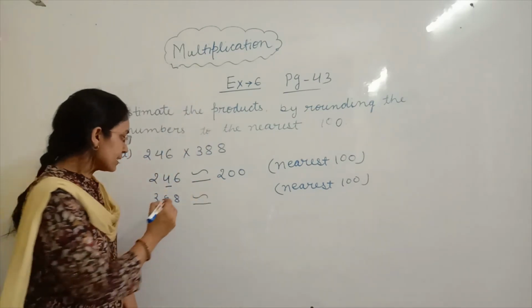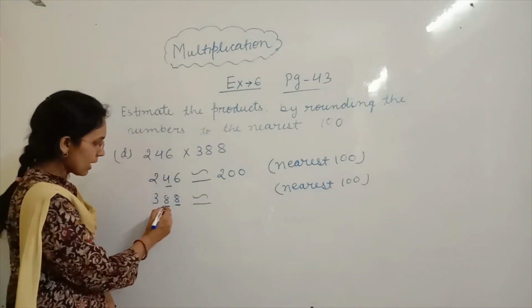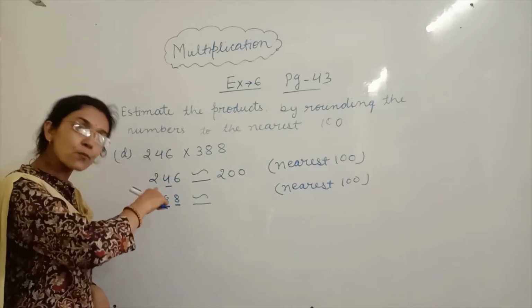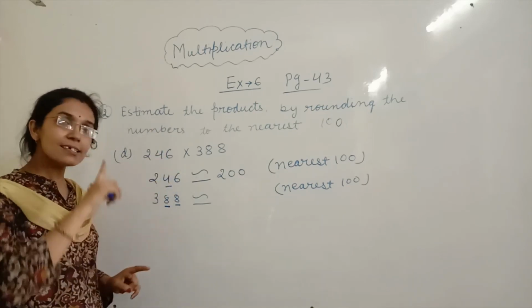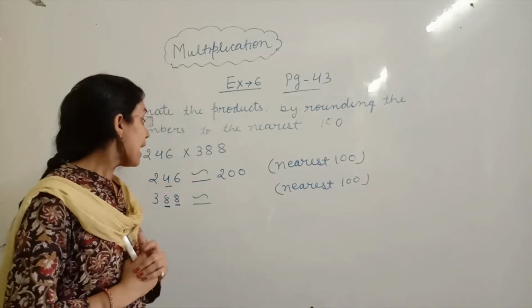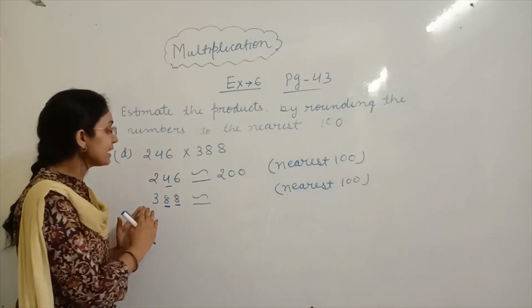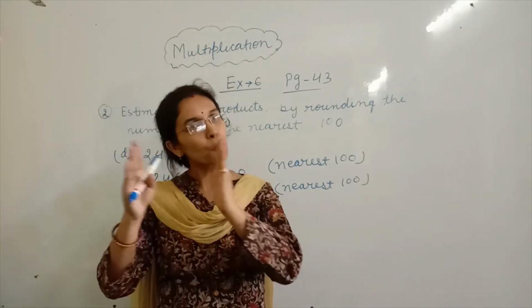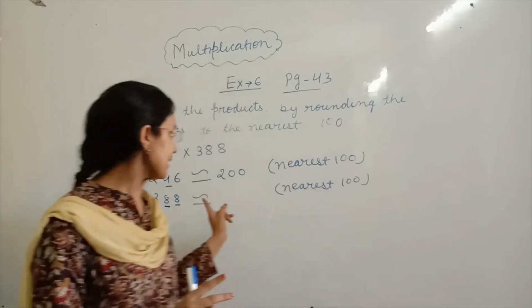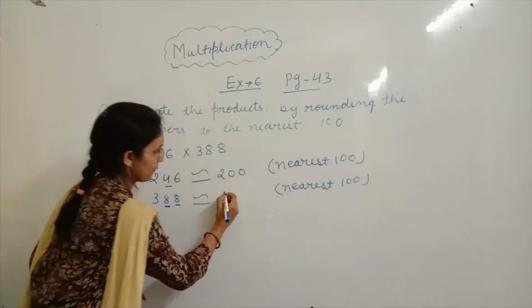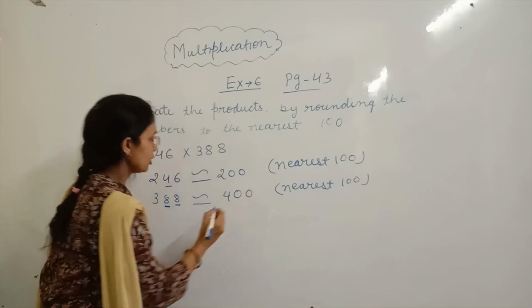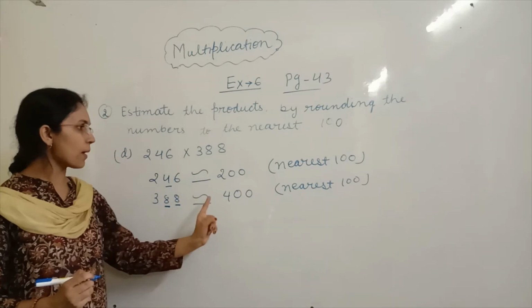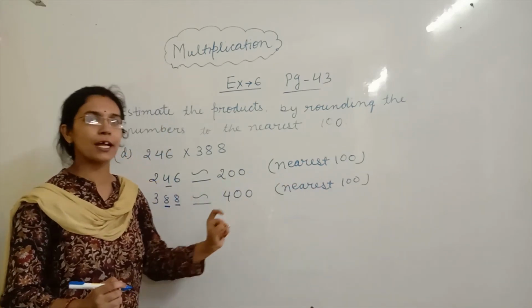So this digit will also be 0 and this digit will also be 0. But 3 will increase by 1 as 8 is greater than 5. And 388 lies between 300 and 400, so it is nearest to 400. So 388 will be nearest to 400. So this part nearest 100 will be 200 and this part nearest 100 will be 400.